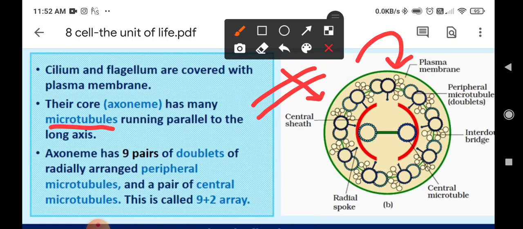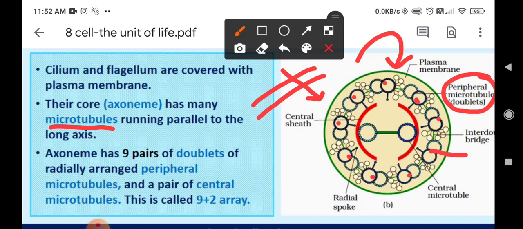Now if you look at the axoneme, it has 9 pairs of doublets. Doublet means these two rings in a pair, so they are known as doublets. If you start counting from one side: 1, 2, 3, 4, 5, 6, 7, 8, 9. So these are 9 pairs of doublets. These are radially arranged.